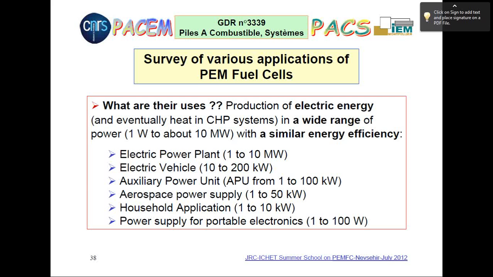In the volume you must have catalyst, electrons, protons, and the reacting species. So it is called the three-phase boundary for the electrochemical reaction. From a technological point of view, you must develop the three-phase boundary in a volume.